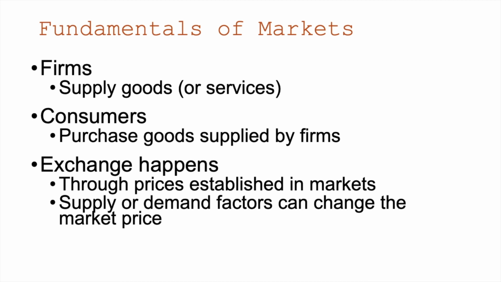So the first key question is the fundamentals of markets. Markets typically break down into two groups. There are firms. That's just a fancy way to say a business. These are the folks who supply goods or services. A good is something you can reach out and touch. A service is something that you buy, but you can't exactly reach out and touch, like going to see a doctor.